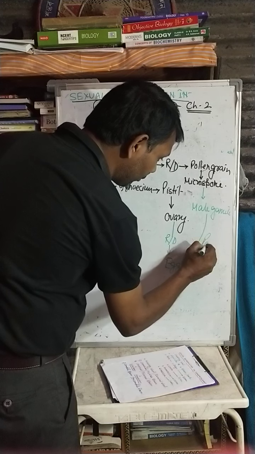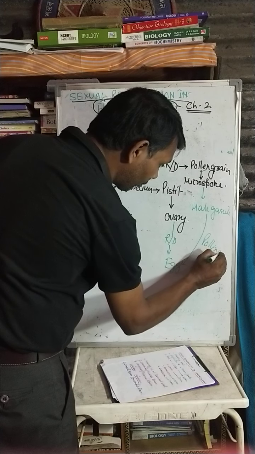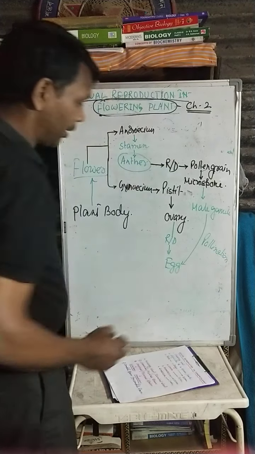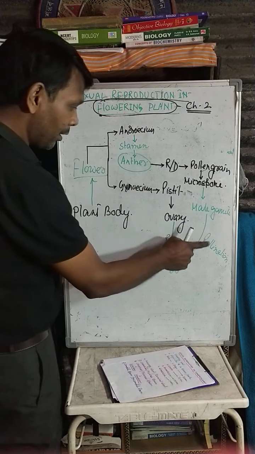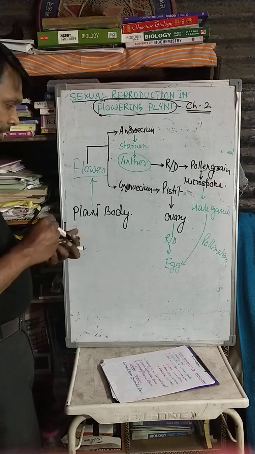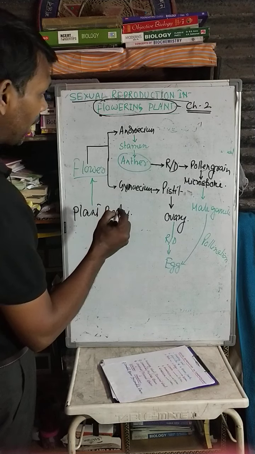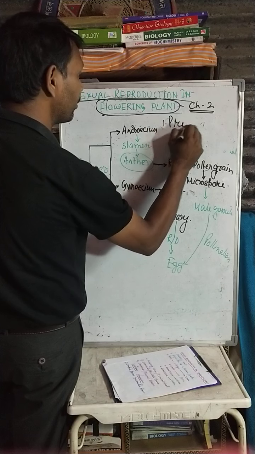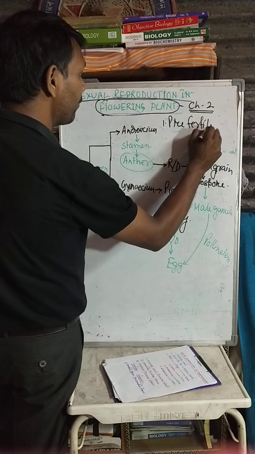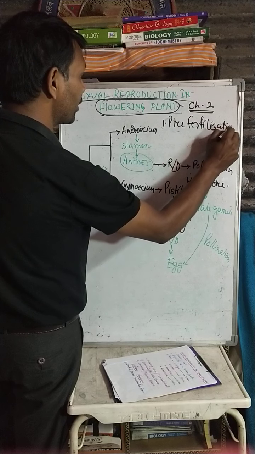This is called pollination. And up to this stage, from flower to the pollination, this stage we call pre-fertilization stage.